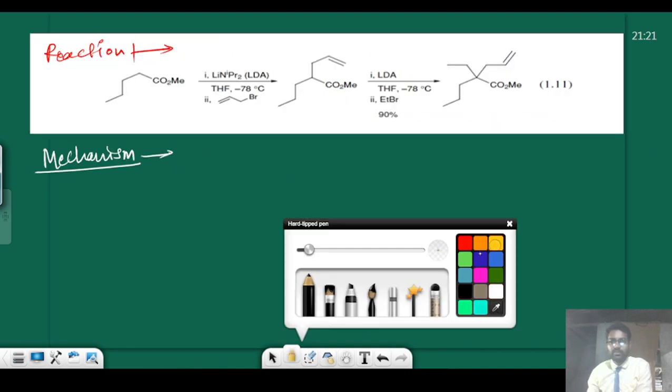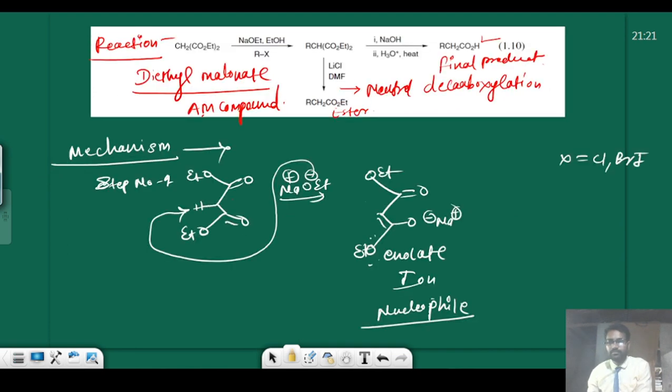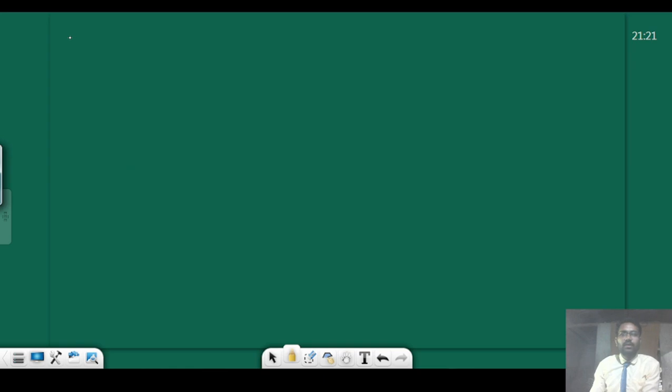Step number 2. Okay, so this is our enolate anion, O minus, OEt, C double bond O, OEt.